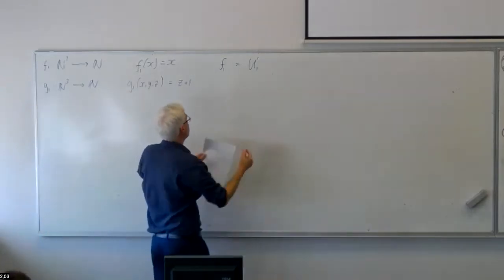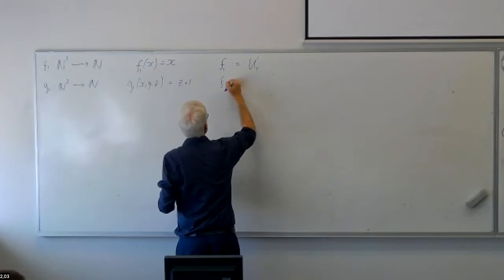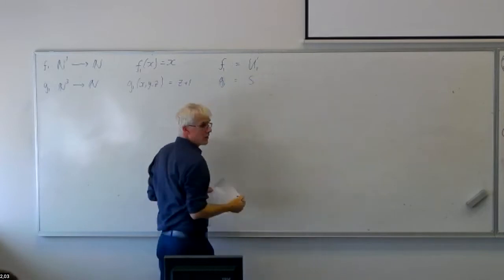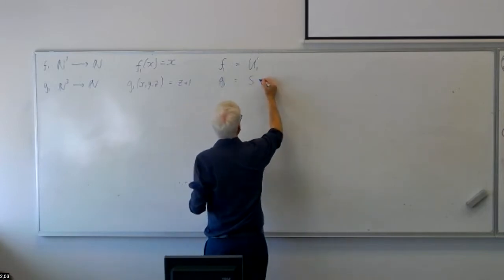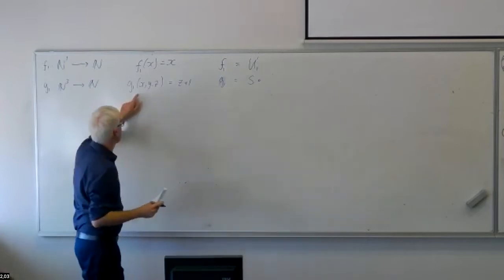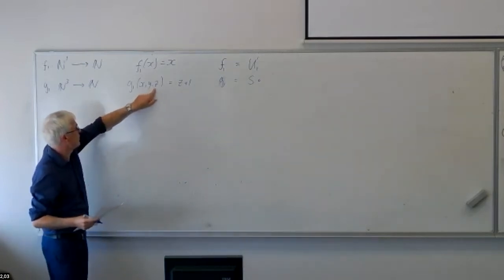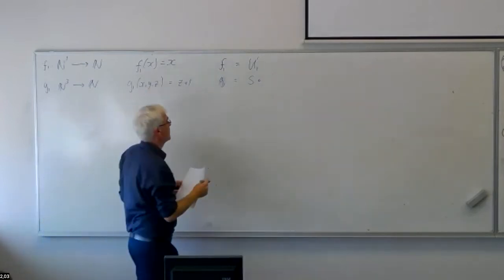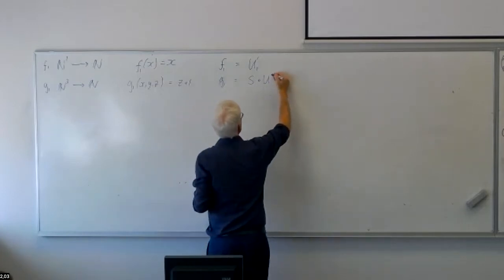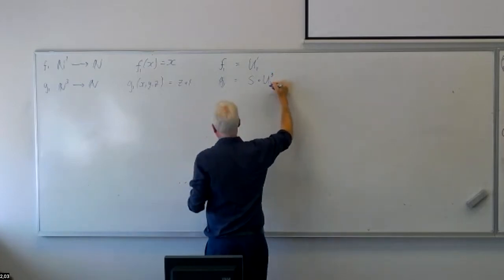And this is also primitive recursive, because g1 is defined as the successor function composed with the function that takes a three-tuple and projects it to its third component. So this is S composed with U33.